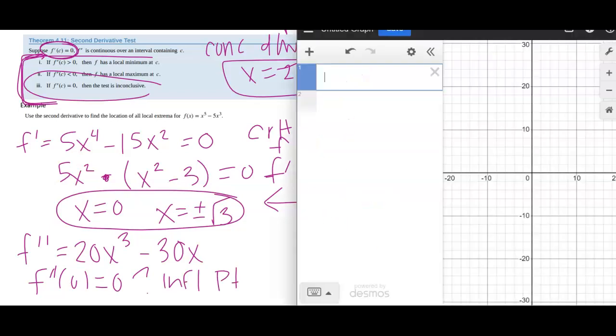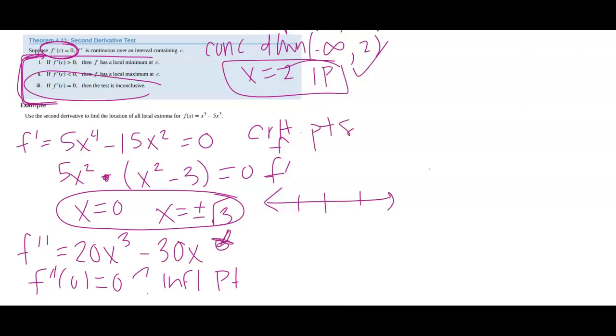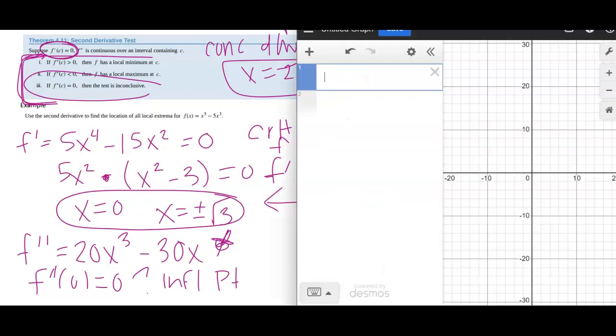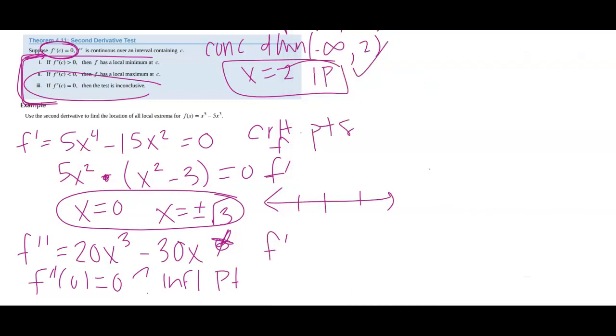But let's see what happens when I plug into f double prime. Okay, I'm trying to figure out the signs of f double prime here. So what happens when I plug these in? 20 times negative square root of 3 to the 3rd minus 30 times negative square root of 3 gives me a negative. So I'm going to write that f double prime of negative root 3 gives me negative.